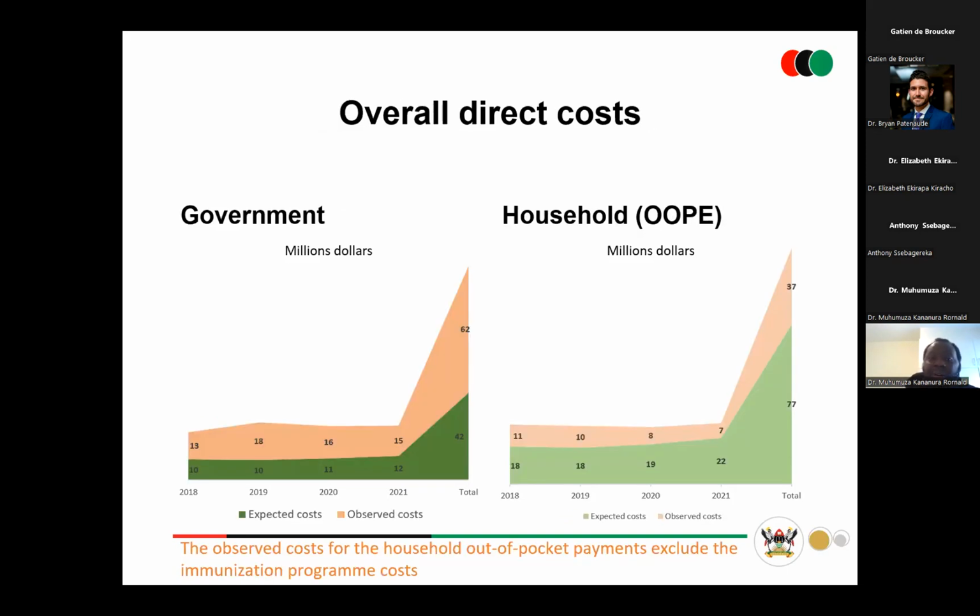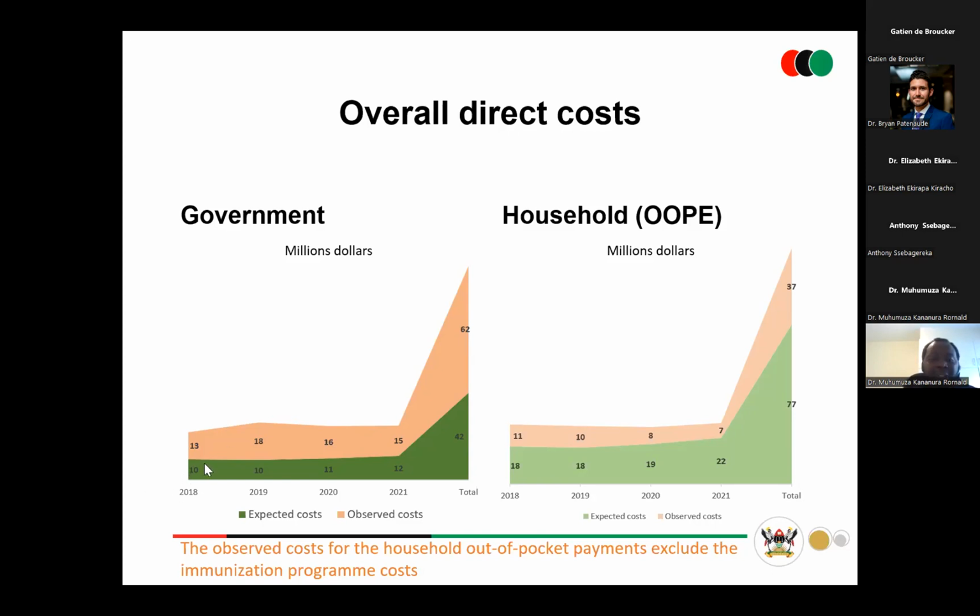So in terms of the overall direct costs, the government was expected to spend 42, but we observe that 62 as a total was spent. Of course, this is expected because we have not spent many years after the introduction.